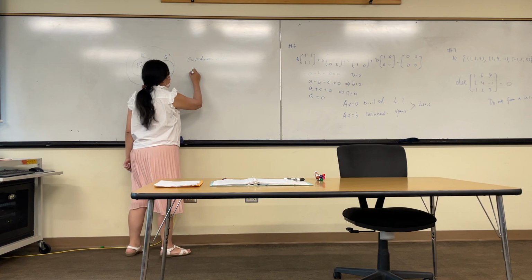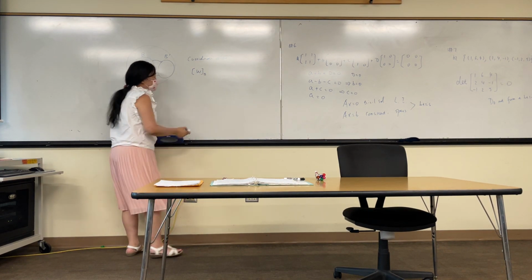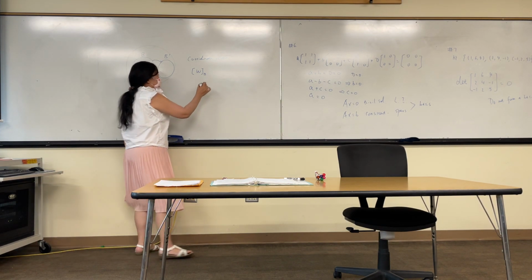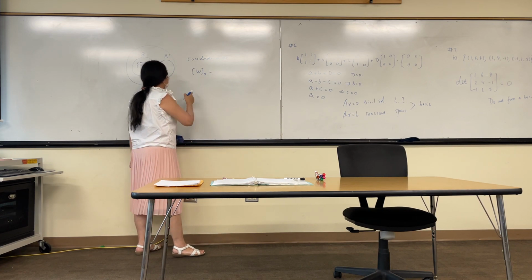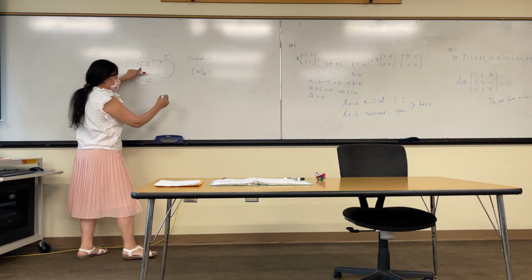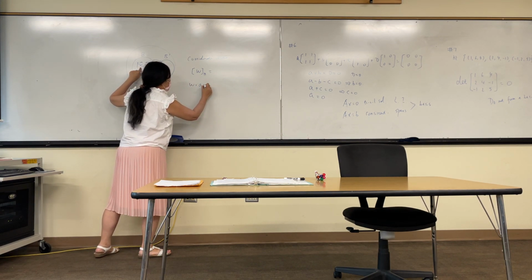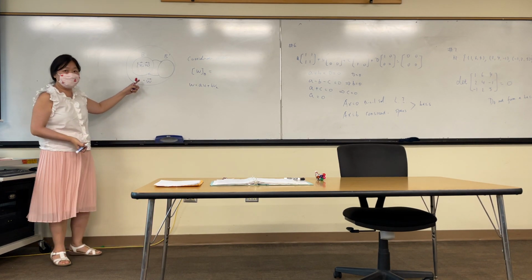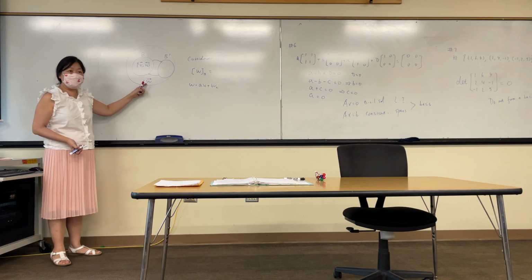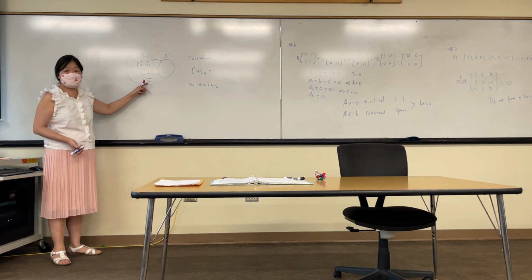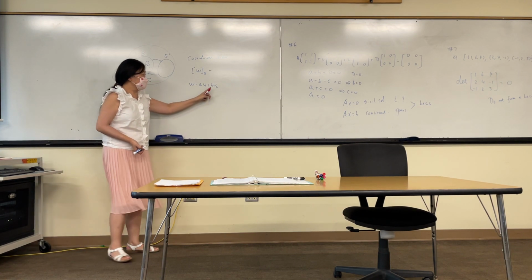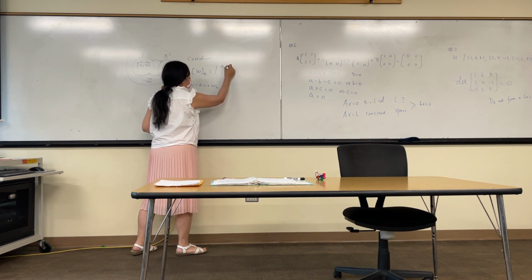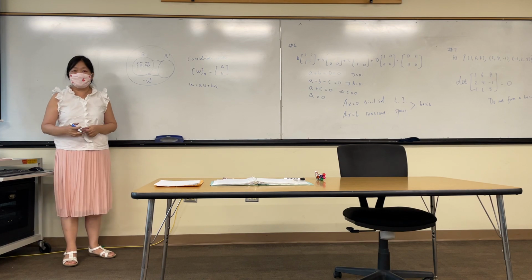So for instance, the coordinate vector of W relative to base B is the linear combination W equal to a V1 plus b V2. Remember, once you form a base, you are able to make a linear combination for something outside to expand yourself. The coefficients here make a coordinate vector.